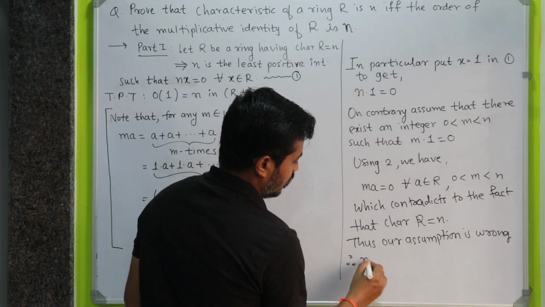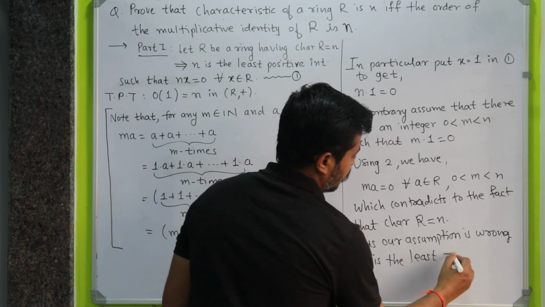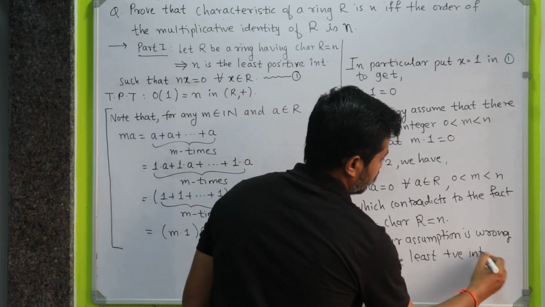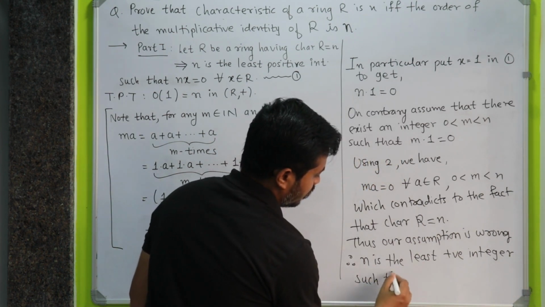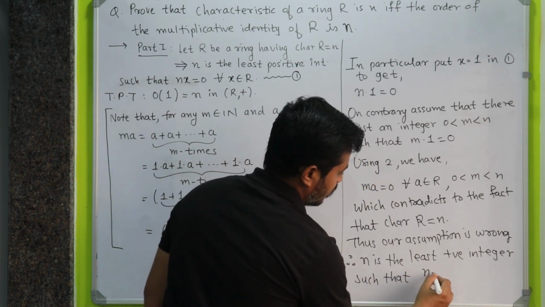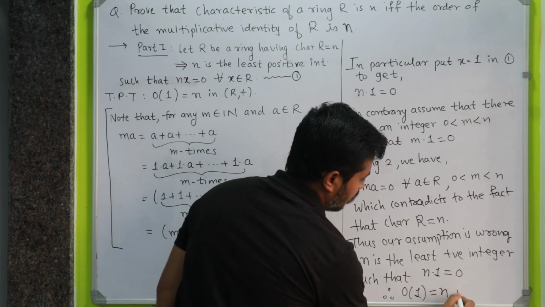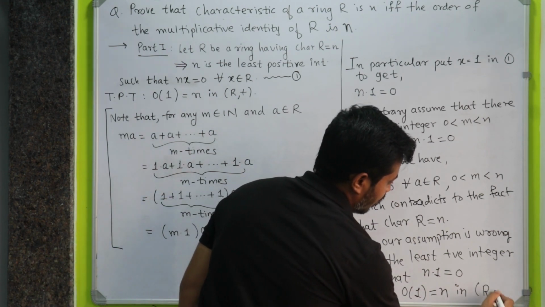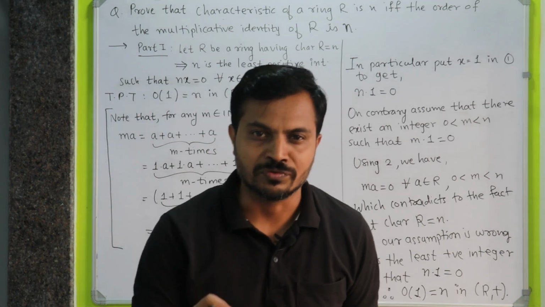Therefore, n is the least positive integer such that n into 1 is equal to 0, and therefore the order of 1 is actually equal to n in the ring R plus, and that is exactly what we wanted to prove.